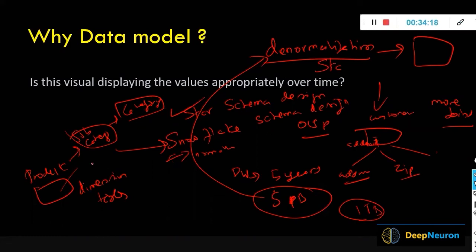But in general, we don't prefer this one, but there are some cases they use snowflake only, because the advantage of snowflake is it consumes less storage. Redundancy will not be there. If you have redundancy, it will slow down the performance. In most cases, even Microsoft recommends star schema only, but we cannot literally go with this.